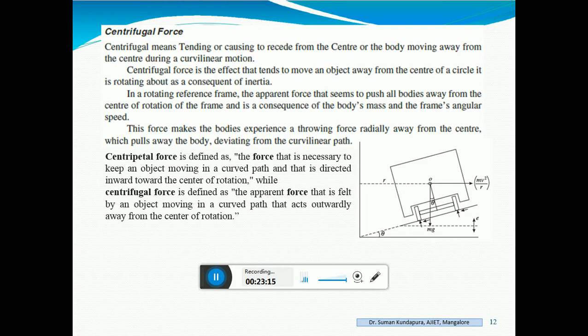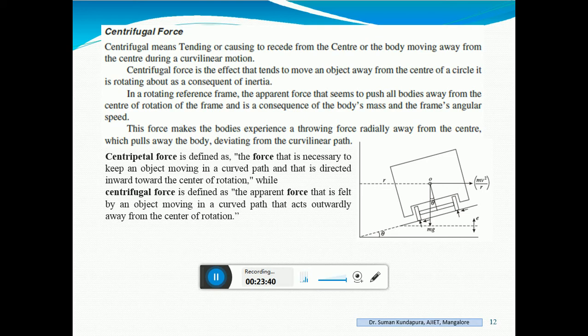Likewise, when you are swinging any object tied to a string, producing a rotational motion, there is some tension in the string. In case you leave the string or the string breaks, there is an outward push for the object. This force is called the centrifugal force.